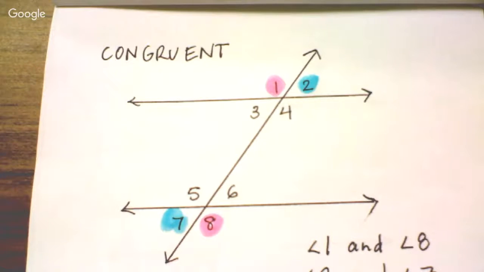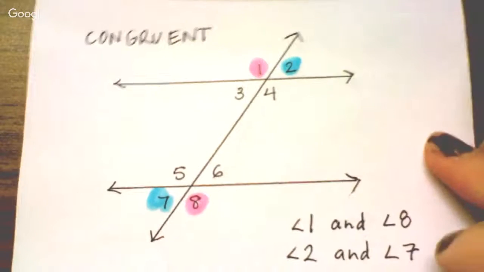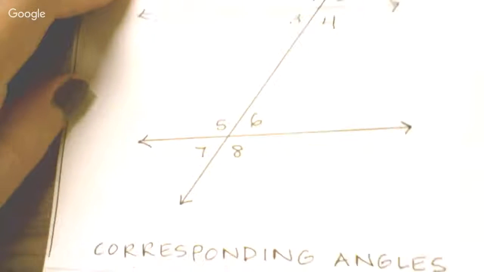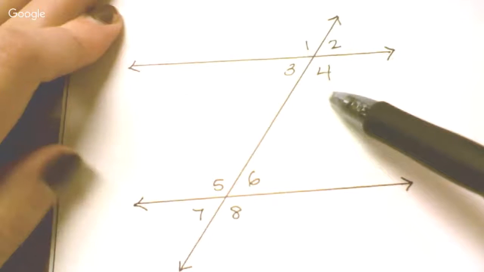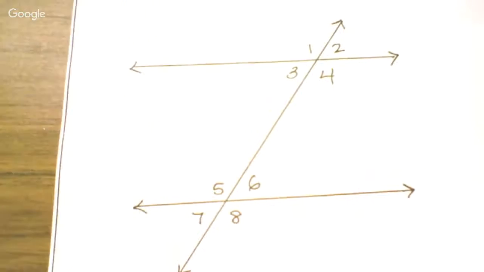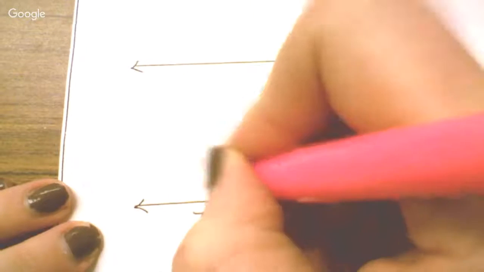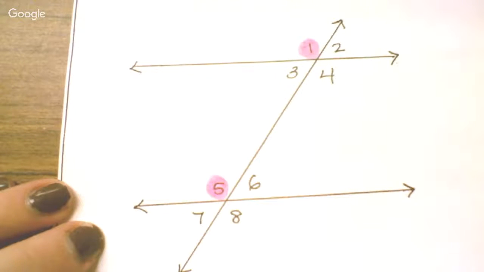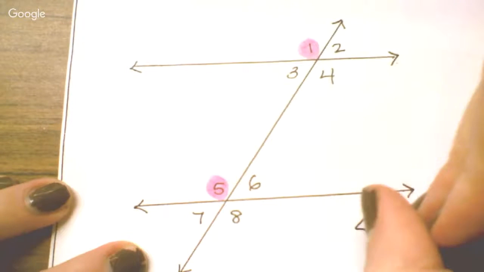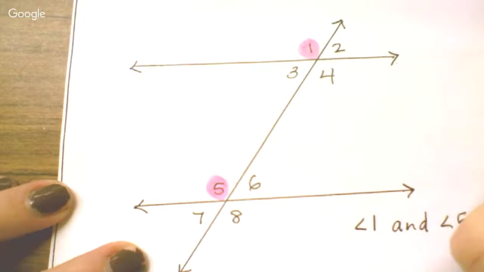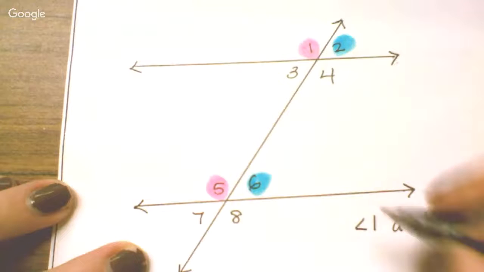So that's if I'm alternating. Then I can look at each group. So then I'm going to look at angles that are corresponding. So this is looking at the top section compared to the bottom section. So this is saying angle 1 in the top corresponds to angle 5 in the bottom. So angle 1 and angle 5. Angle 2 in the top corresponds to angle 6 in the bottom.